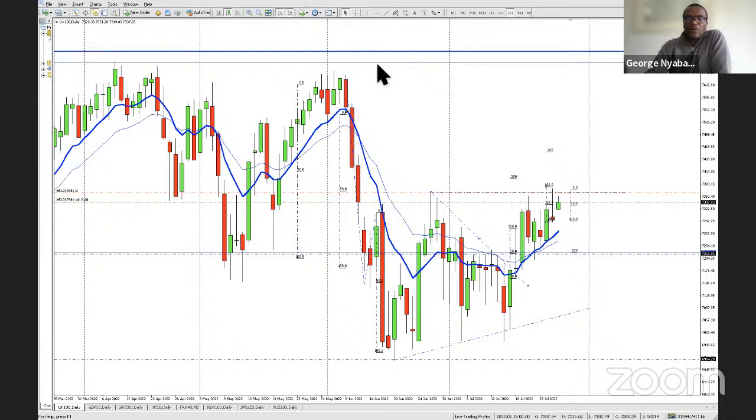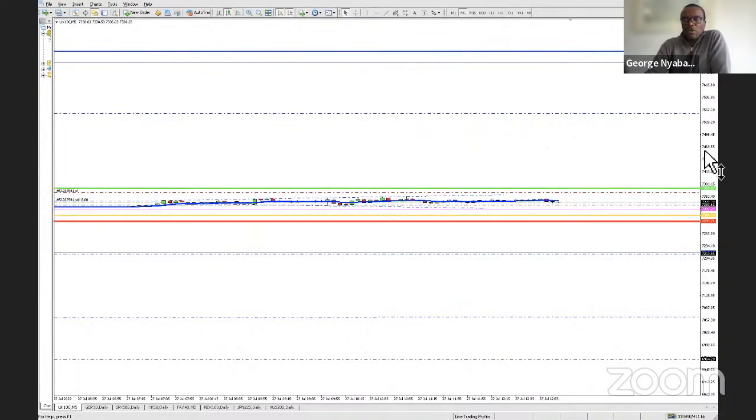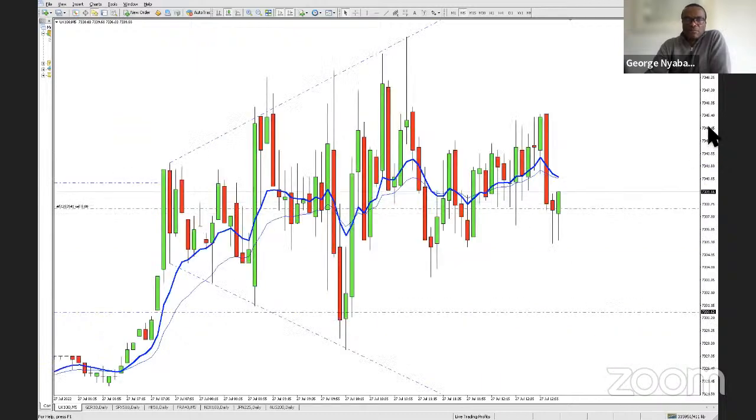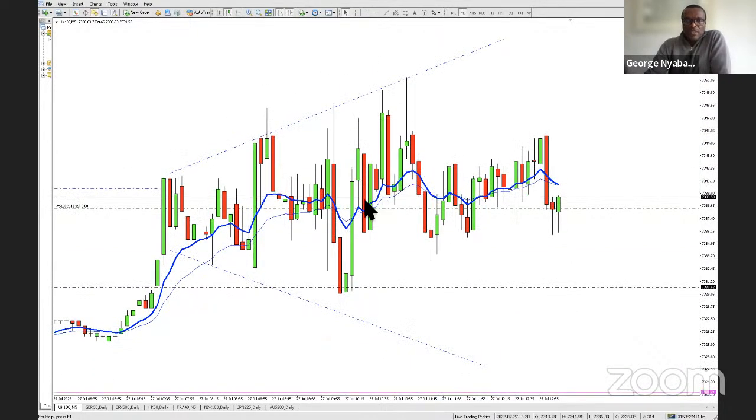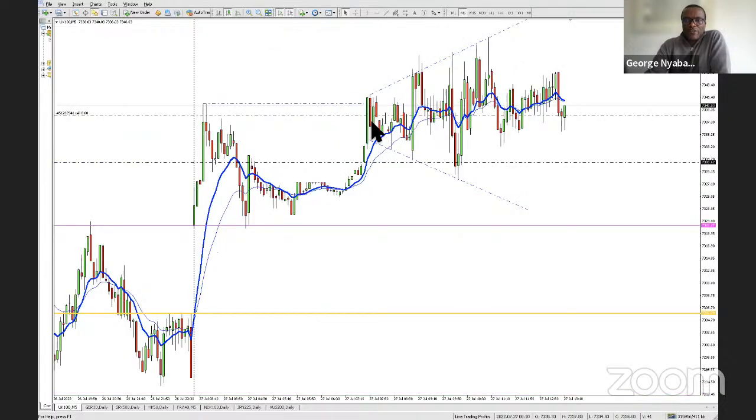Which is still within the bear breakout. And we broke out here. That's almost two minutes to go. So all of this is still a sell zone. Quickly, a bit of a mess here. Within this, you can see we created another expanding triangle.